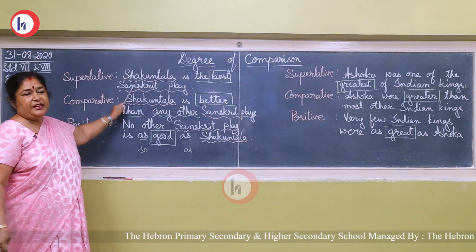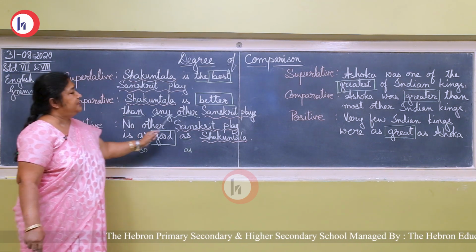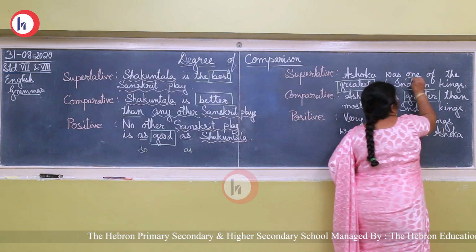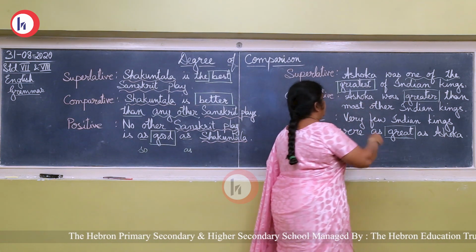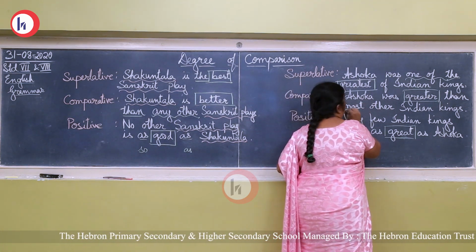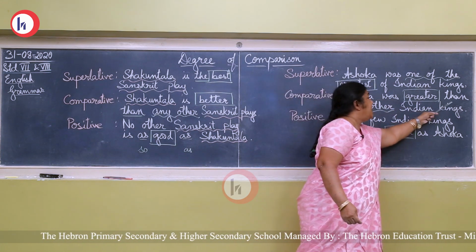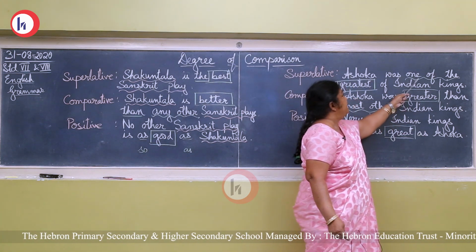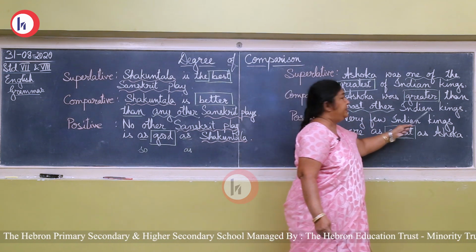That is, no other play is better than Shakuntala. So we write Shakuntala is better than any other Sanskrit play. But here it is given one of the, so we write most other. Ashoka was greater than most other Indian kings.